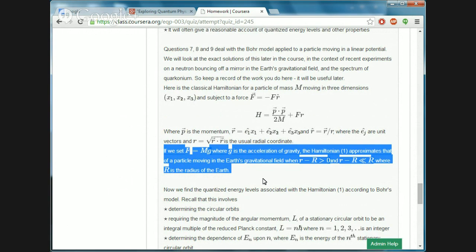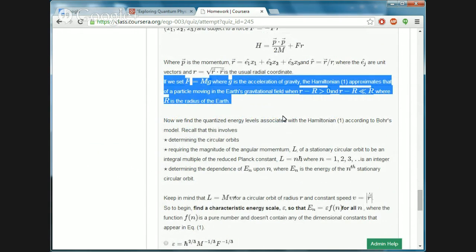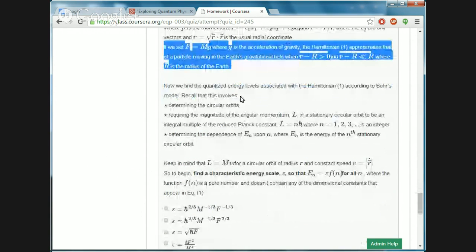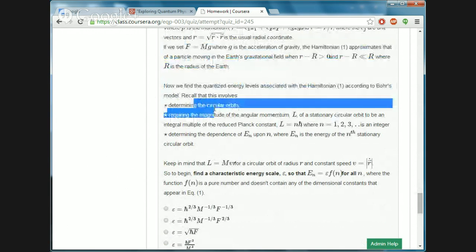Gravitational acceleration constant. So this is like the Earth's gravity. This caused more trouble. What I thought was a harmless observation, people said, well, my answer depends upon the radius of the Earth. The radius of the Earth is nowhere here. And so I just say, okay, determine the circular orbit.